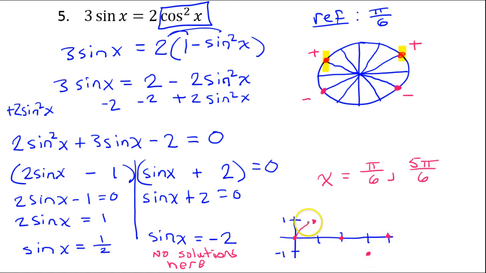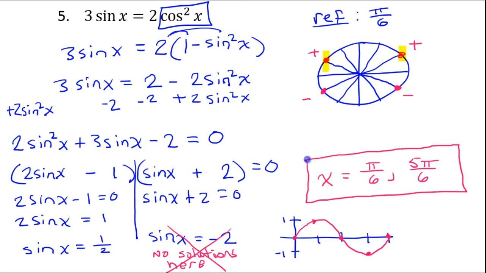So the sine function goes up and down and back, and then it just repeats over and over again. But it never goes higher than 1, and it never goes lower than negative 1. So there's no angle that's going to give me negative 2 for a result. So that's why we will have no solutions here. So for that reason, these two solutions are my only solutions.